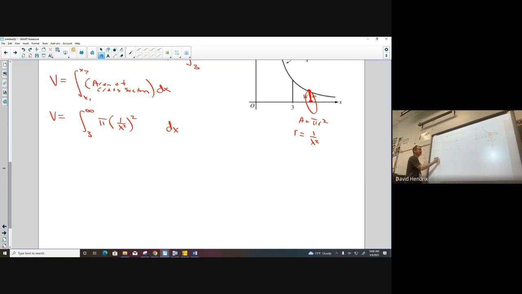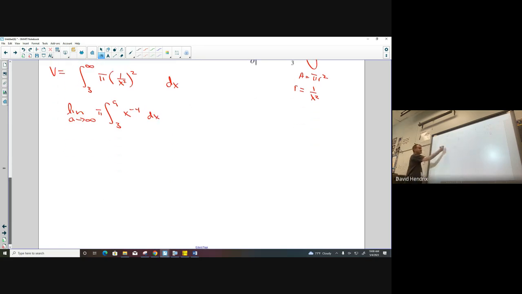So you're going to have to convert this and say this is the limit as a approaches infinity of the integral from 3 to a. I'm going to pull the pi out of my integral, and this ends up being x to the negative 4th dx. This is not a 9, this is an a.